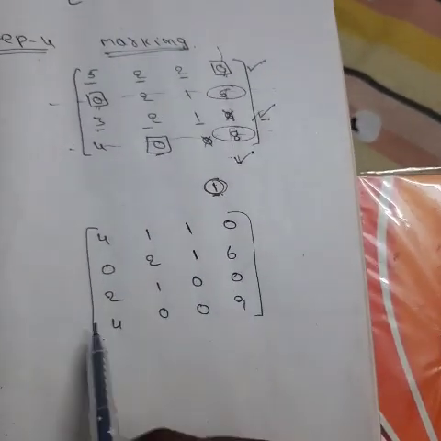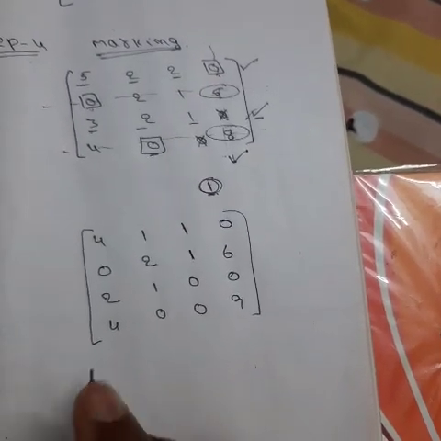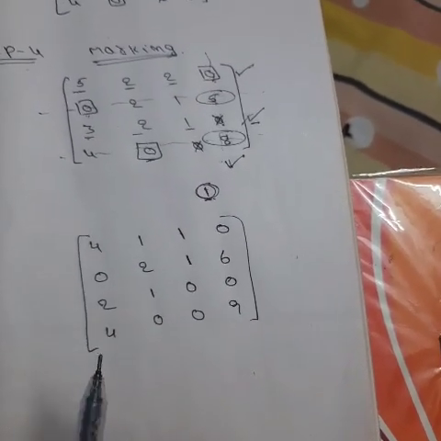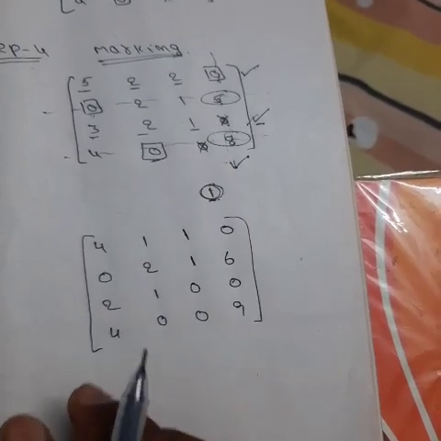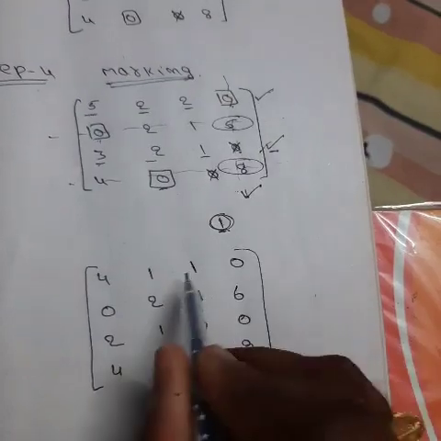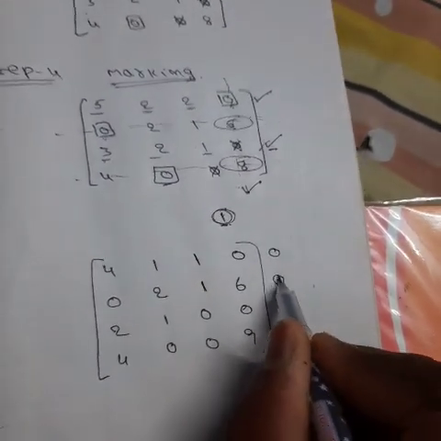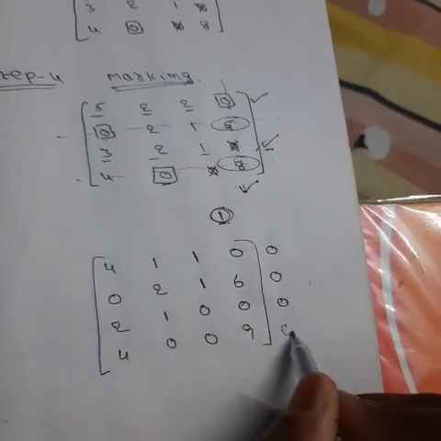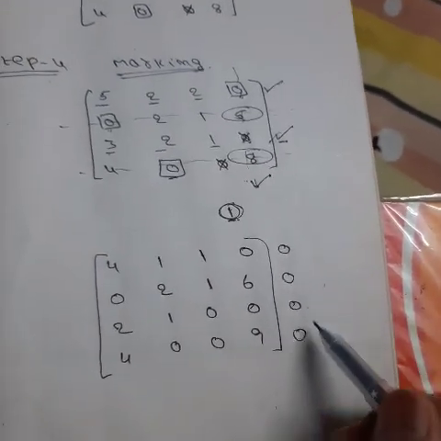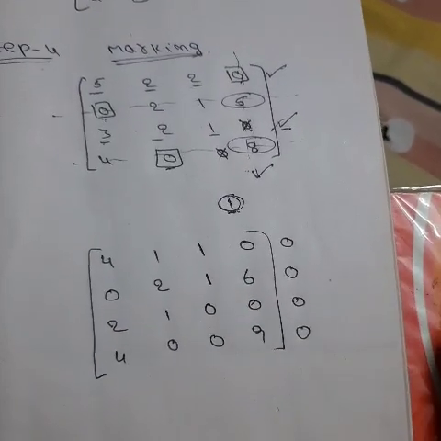After getting a new assignment table, you have to recalculate from step 1, that is row minimization and column minimization, and then assignment. First of all, row minimization. The minimum value is 0, the minimum value is 0, the minimum value is 0, and the minimum value is 0. Since all the values are zeros, there is no change after subtracting 0.